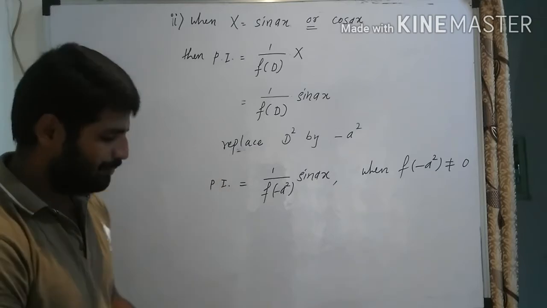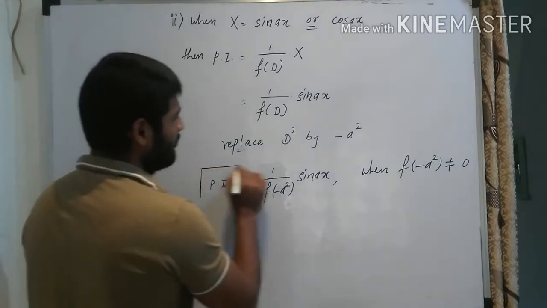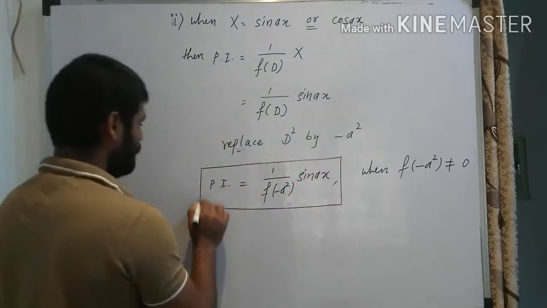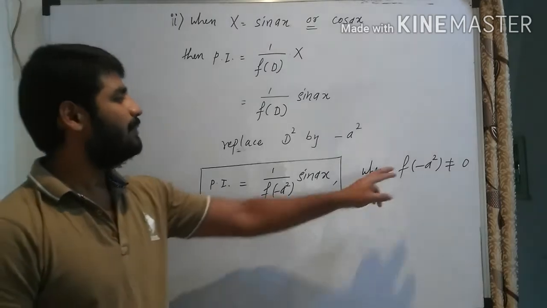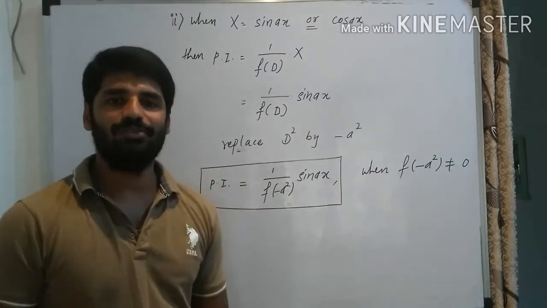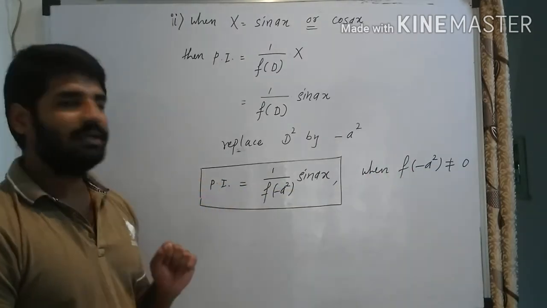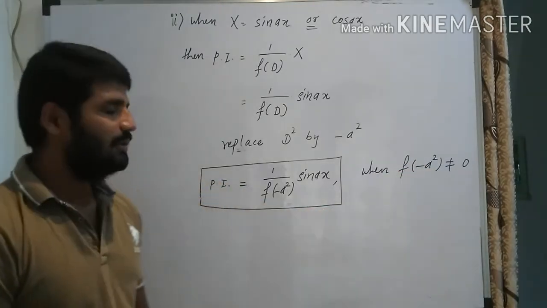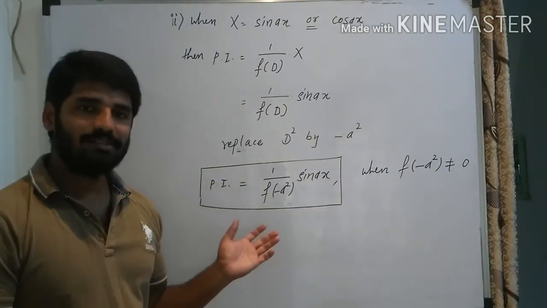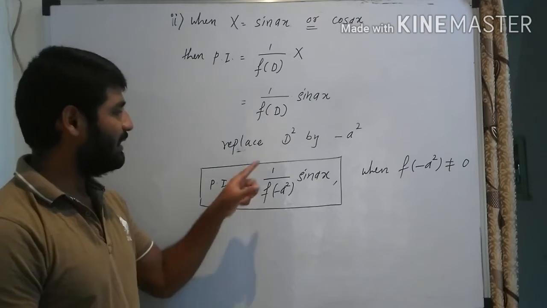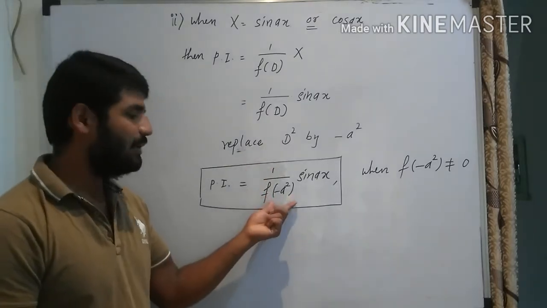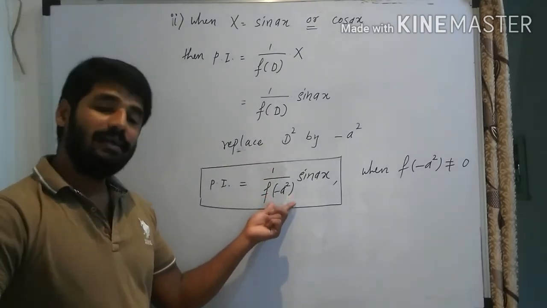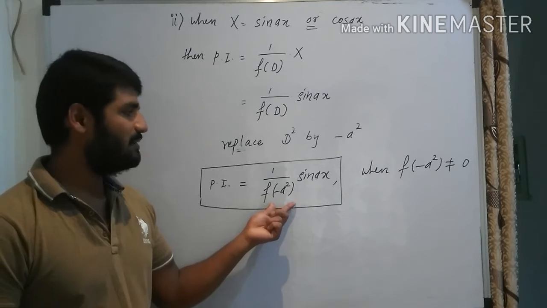So this is your required particular integral only when f of minus a square is non-zero. Next possibility: if f of minus a square is 0, then what happens? Then we follow the same procedure as in the previous case. We take x in the numerator and take the derivative of the denominator, and again replace D square by minus a square.